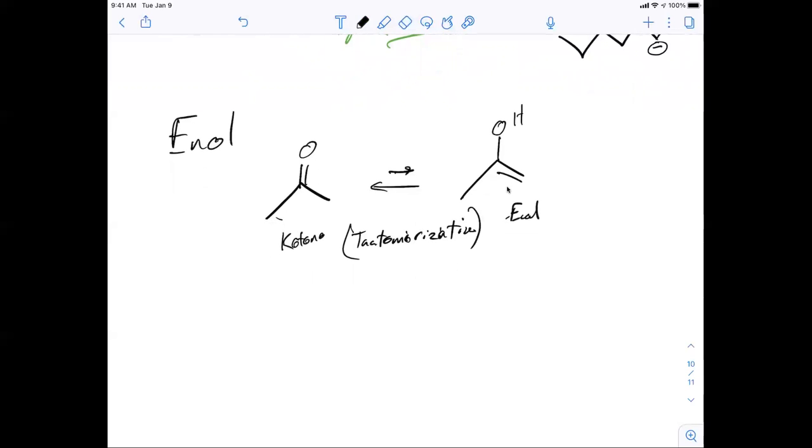We saw this in the reactions with our triple bonds. If we added an alcohol to a triple bond, it formed the enol, and then the enol transformed into the aldehyde or the ketone.